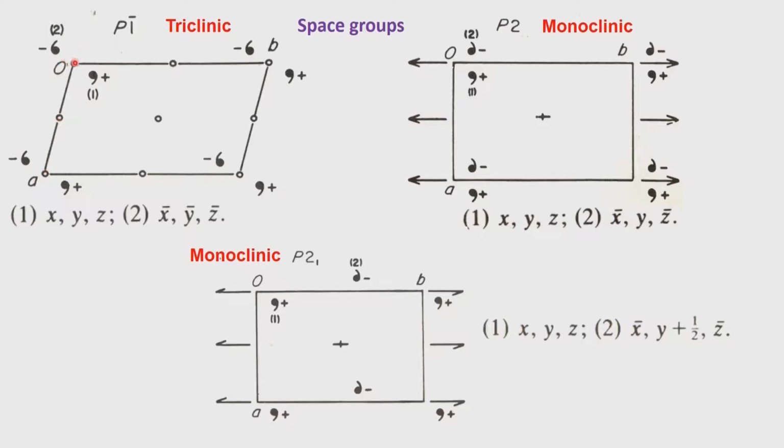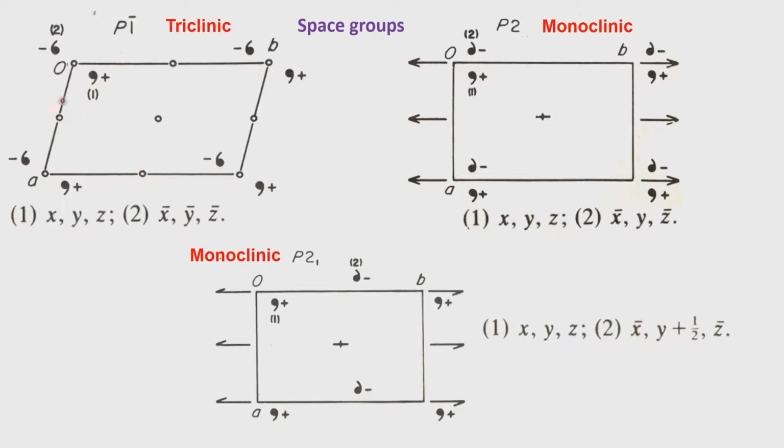It will also repeat 1 unit along B because of the periodicity and 1 unit along C. So, if you now consider this particular object and say it is coming towards us from the board, then we have the x, y, z as the coordinate. So, that means if you now take this as the x value and that as the y value, z will be the value which is coming out of the board, then we have the position of this object located, and that is located at x, y, and z.